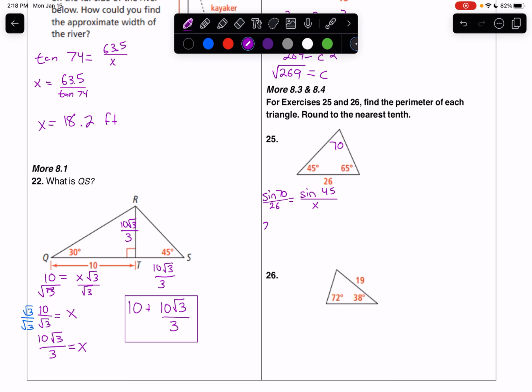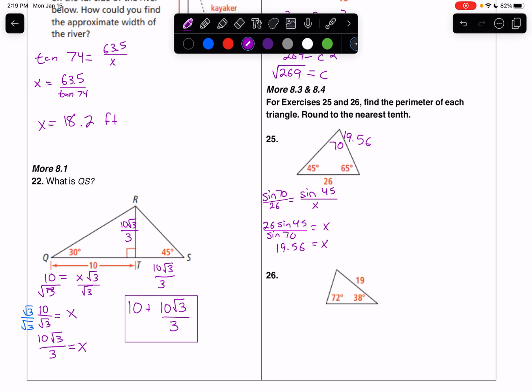Cross multiply, you get 26 sine of 45 over the sine of 70 equals x. Put that in your calculator, and you get 19.56. So the side opposite the 45-degree angle is 19.56.